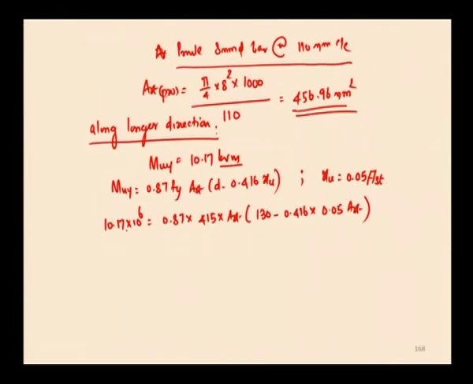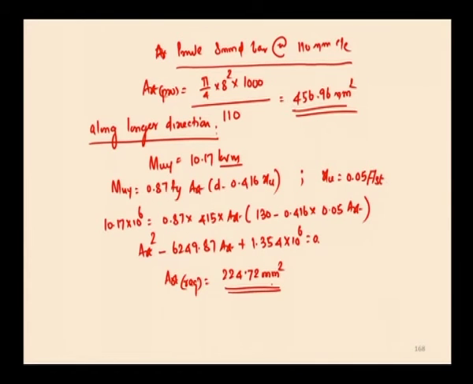By simplifying this expression, I got a quadratic expression of Ast square minus 6249.87 Ast plus 1.354 into 10 to the power 6 equal to 0. By solving this quadratic equation, I am getting the minimum root, that is 224.72, as the Ast required for the longer direction.